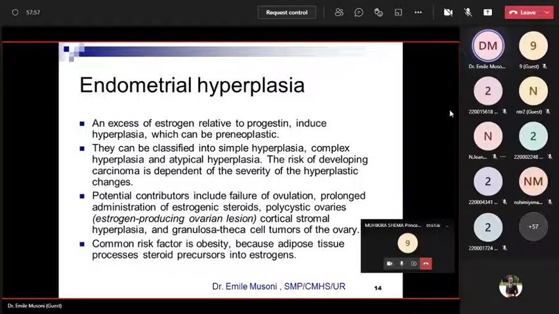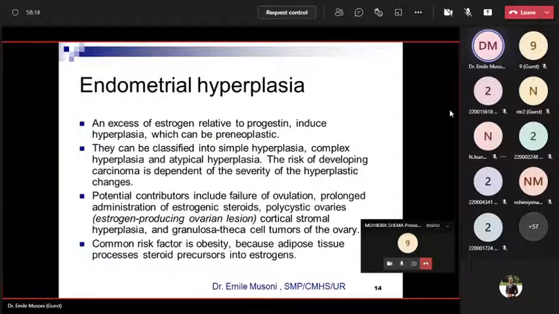And when you see endometrial hyperplasia in menopause, it is better you remove that uterus because it will end up as carcinoma.